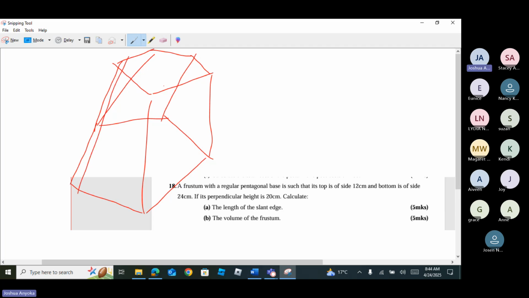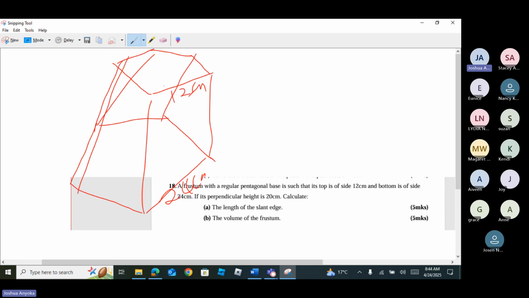A pyramid that is of pentagonal base. So the base has 5 sides, which are regular. Its top has 12 centimeters, and its bottom side is 24 centimeters.